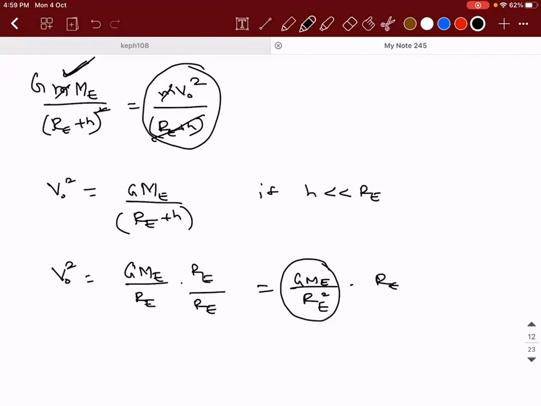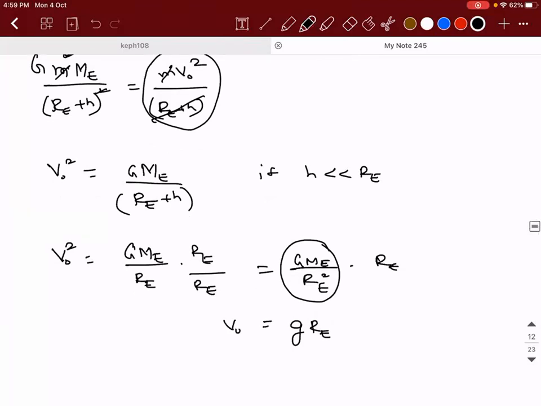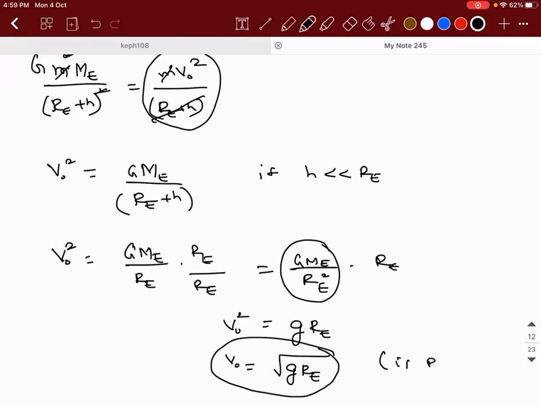Acceleration due to gravity. So small g times R_E. This will be the value of v naught square. Then v naught will be the root of g times R_E. But this root of g times R_E will happen under what scenario? Only if R_E is very much greater than h. If not, this will be the orbital velocity square.